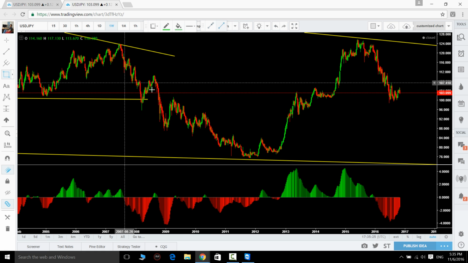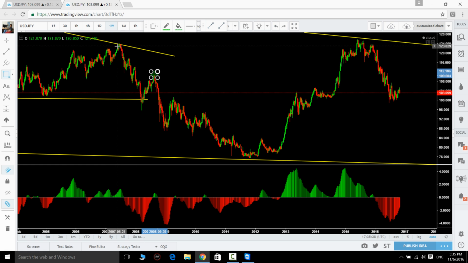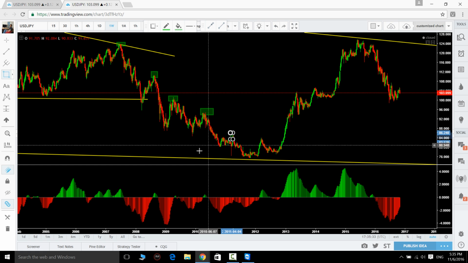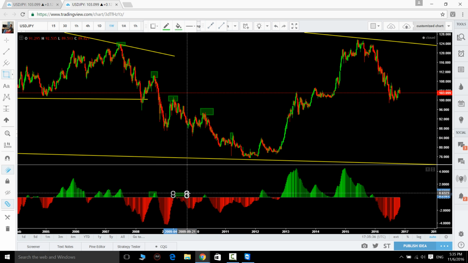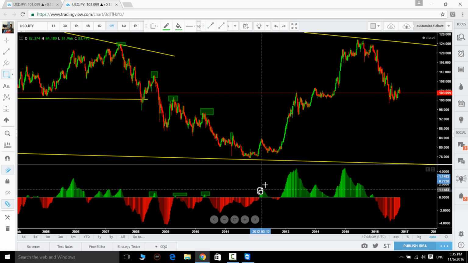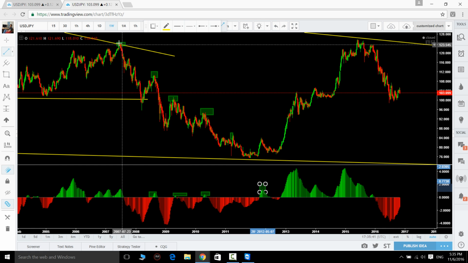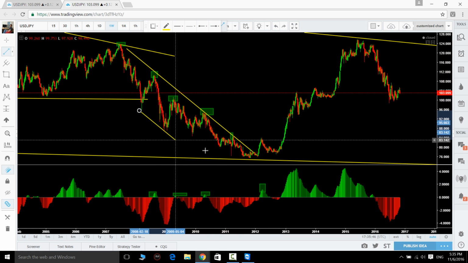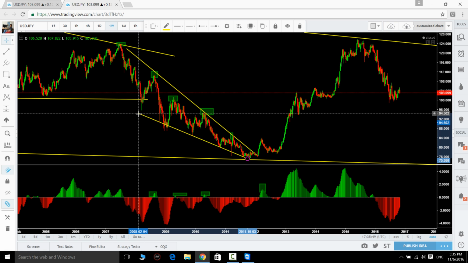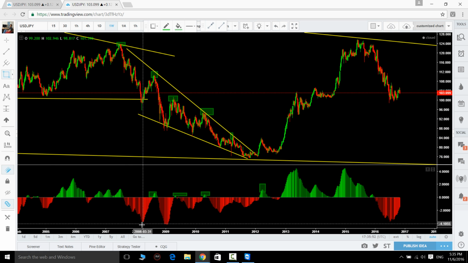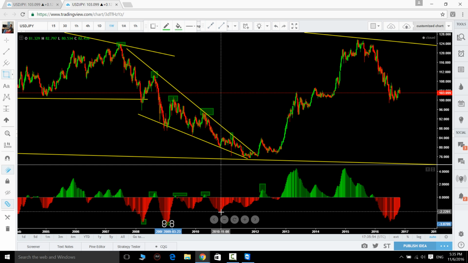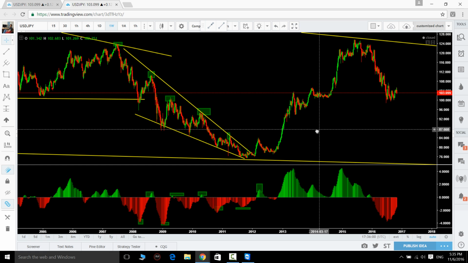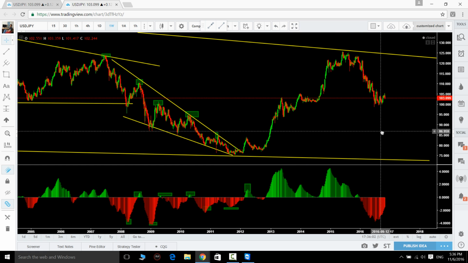They identify highs and lows on their chart and identify highs and lows on their indicator, and then just connect them with a trend line. This is how some traders do this.